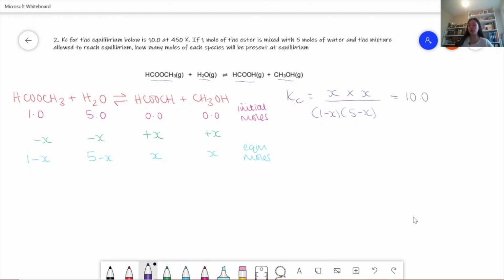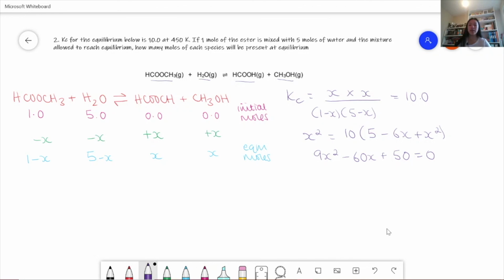And so we form a quadratic equation. So we have X squared equals 10 times, and I'm just going to expand the bracket, 5 minus 6x plus x squared. And then we'll have 9x squared minus 60x plus 50 equals 0. Then we plug that into the quadratic equation.